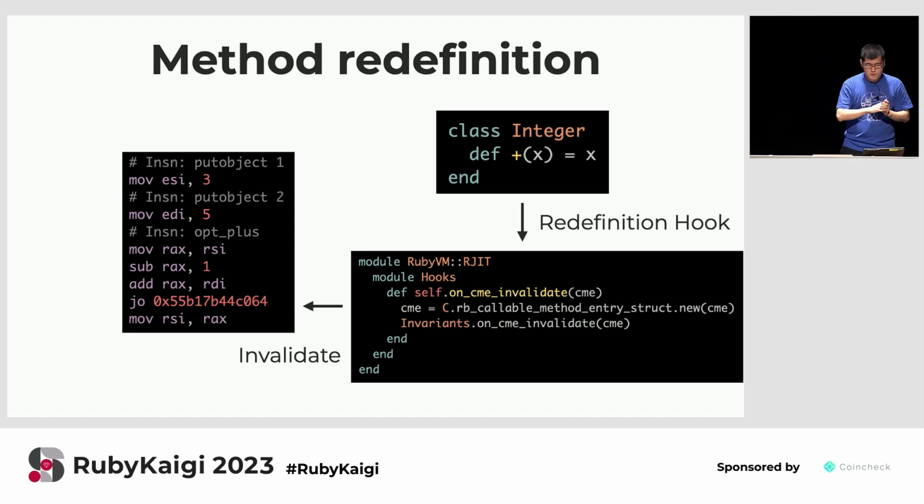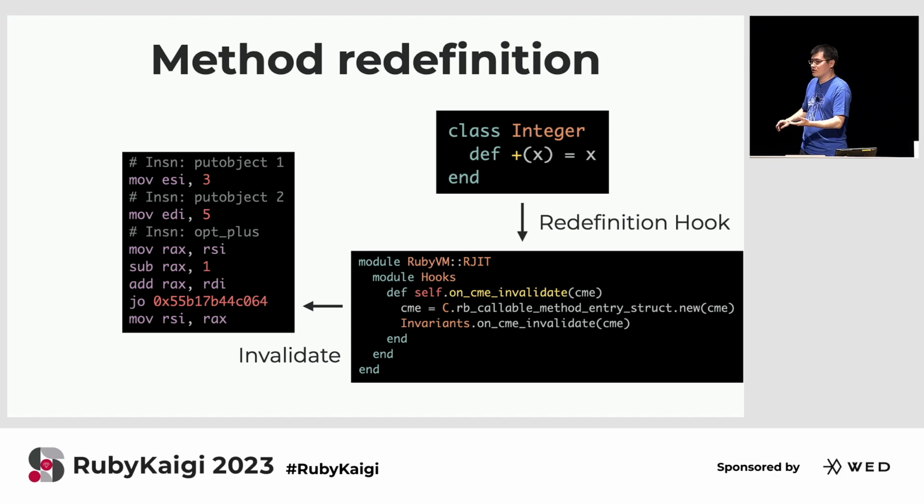The next thing is method redefinition. This is an example, again, from RJIT. When you start writing a Ruby JIT, you may want to optimize method calls. In Ruby, because it's pretty dynamic, you can always redefine any method. So when redefinition happens, we have to rewrite things.